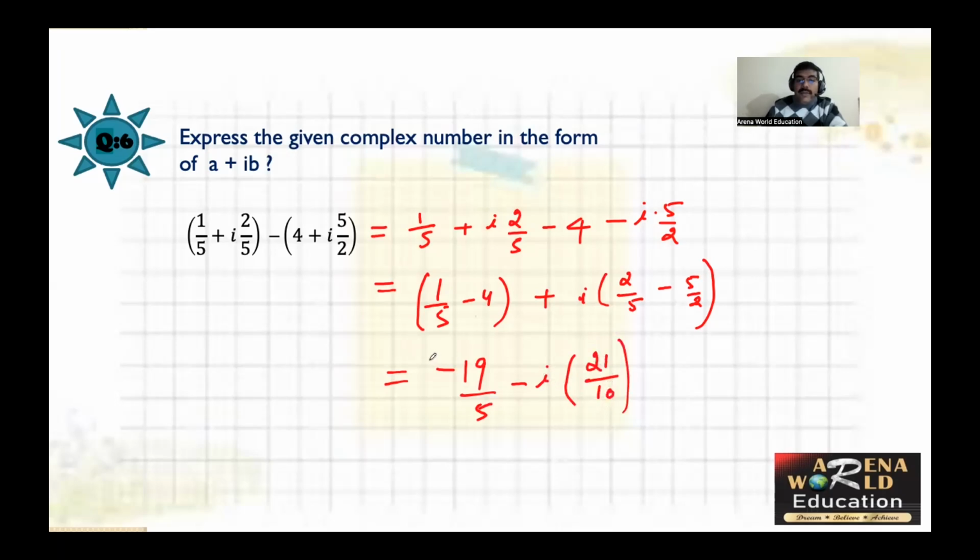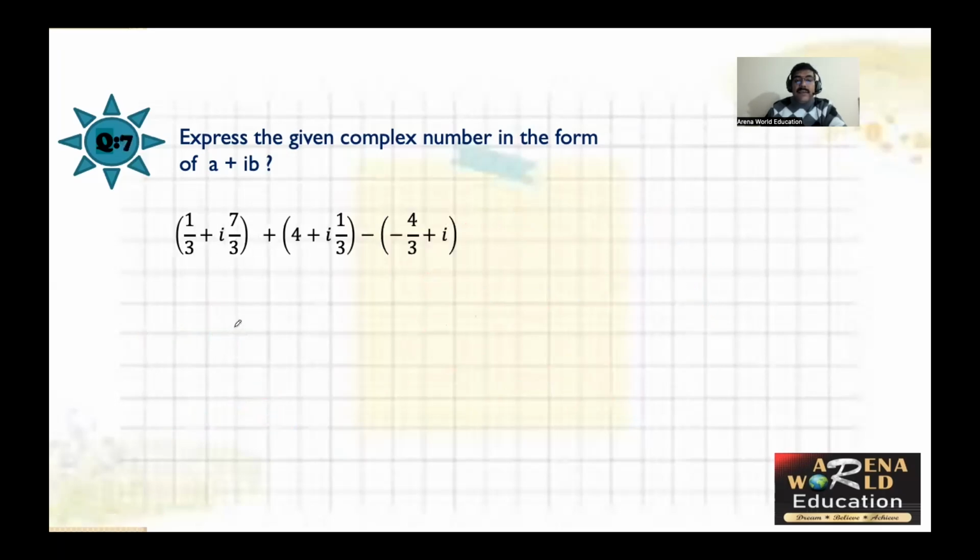So here we will get minus 19 upon 5 minus iota into 21 upon 10, which is in the form of a plus iota b. If you want to write the value of a and b, a will be minus 19 upon 5 and b will be minus 21 upon 10. Let us move to question number 7.